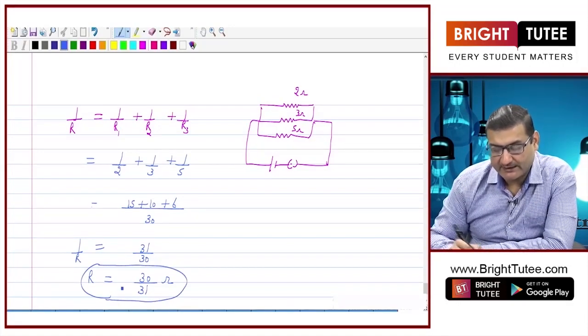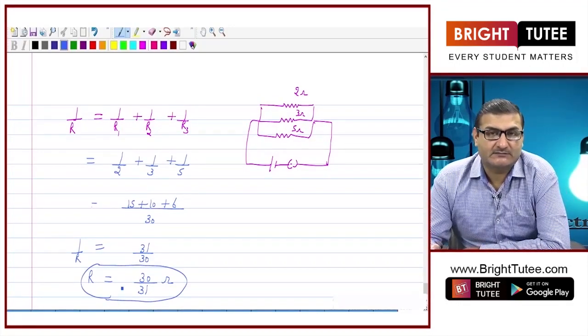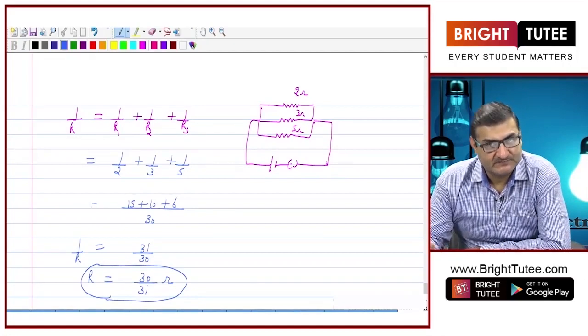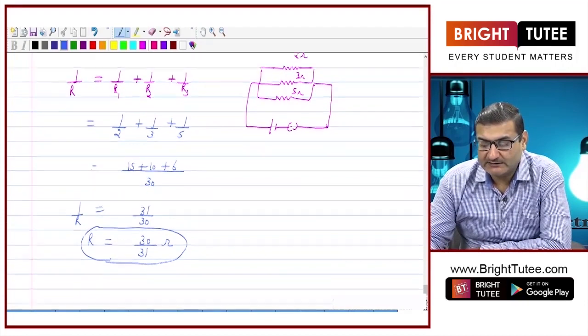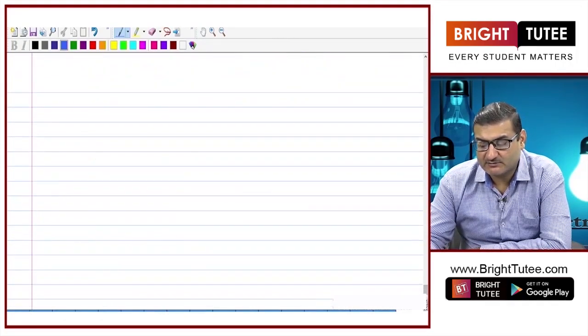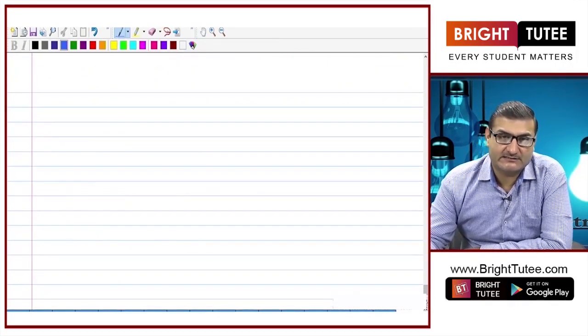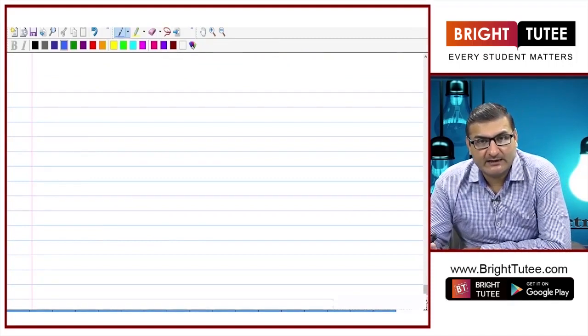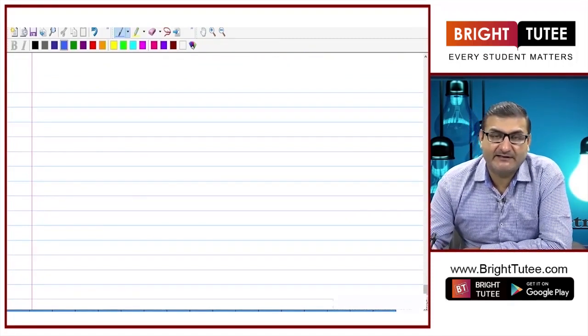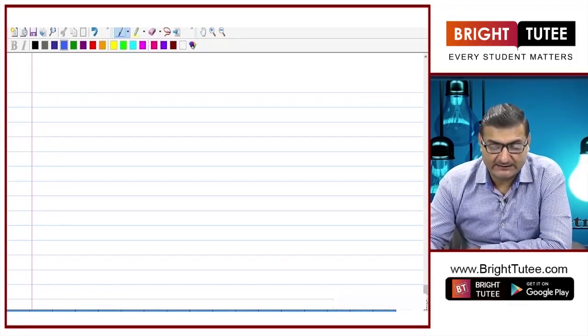That is my required answer. Got it? So, these are the few simple numericals that will be given based on the series and parallel combinations. Here we have taken the parallel one. Now, students, try to relate one very, very important thing. What? Let us see.